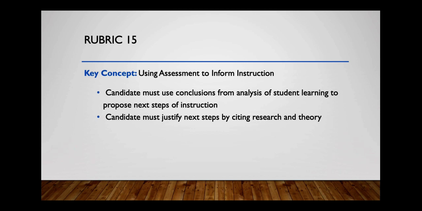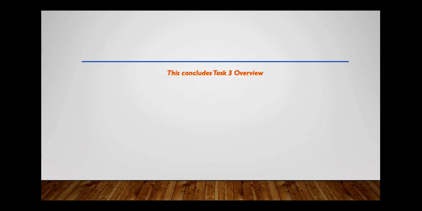If there was something that students did not do well on the assessment, then you could continue with that, or you could say it's time to move on to the next content area that would follow this. You must also cite research and theory in this rubric. This concludes Task 3 overview.